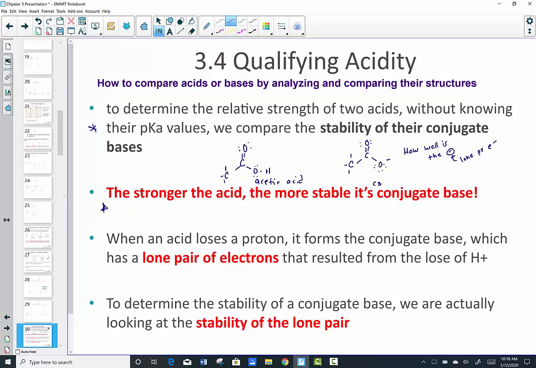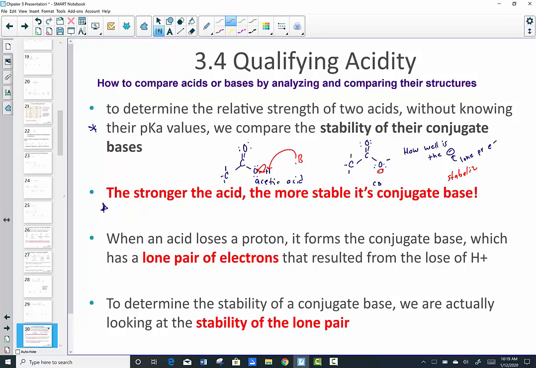In other words, when whatever this base was reached out to abstract the proton, the shared pair of electrons in the covalent bond collapsed back onto the oxygen. The bond became a lone pair of electrons on the oxygen. How well does this resulting species, this conjugate base, stabilize that negative pair?